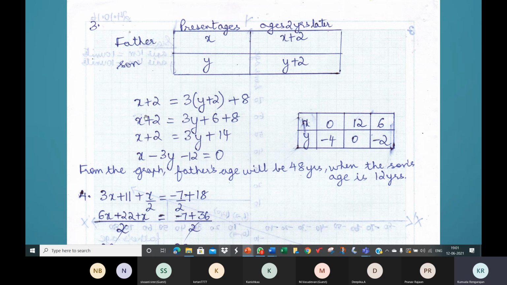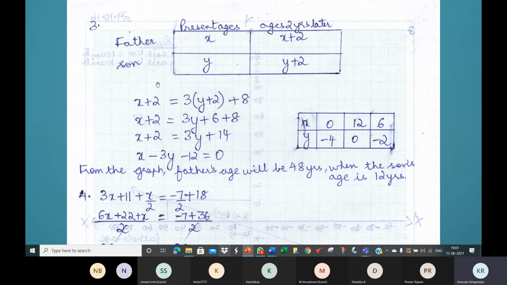So according to the condition given, father's age 2 years later, x plus 2, will be 8 years more than, so plus 8, 3 times the age of the son. 2 years later, the father's age will be 8 more than 3 times the age of the son 2 years later only.